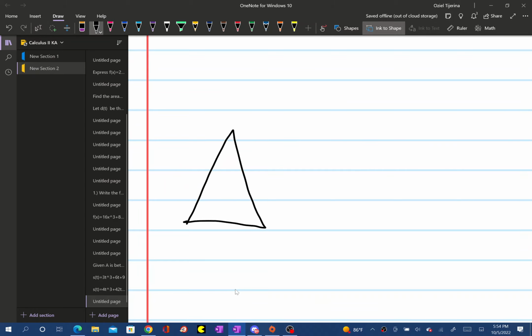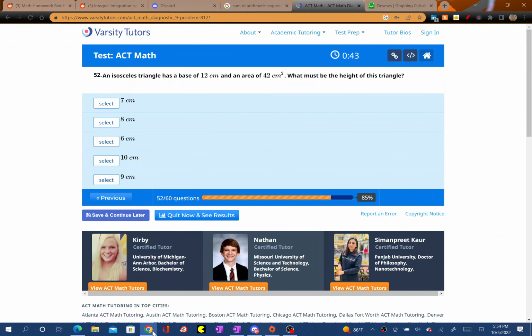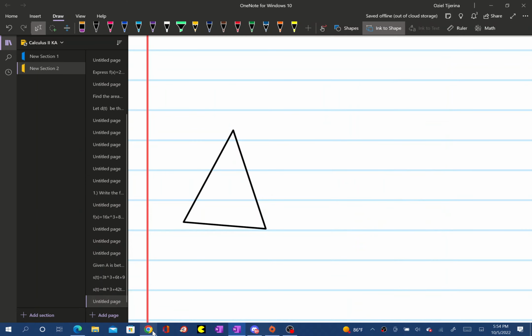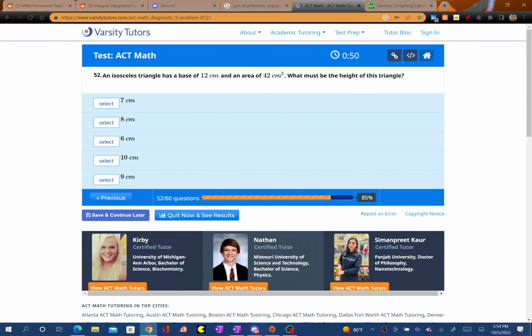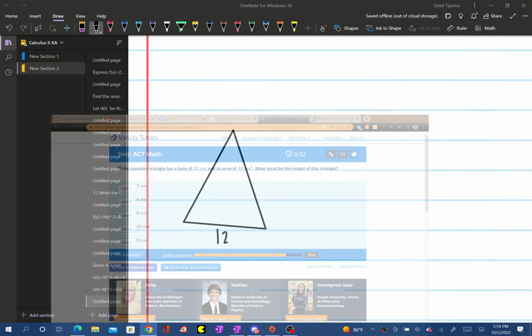So, if I have a triangle like that, and it's an isosceles triangle, it says that it has a base of 12, and the area is 42 centimeters squared.